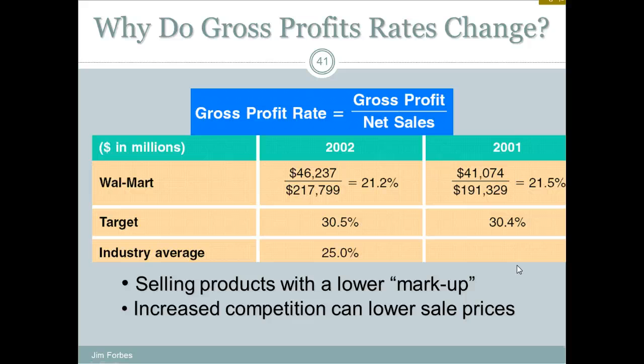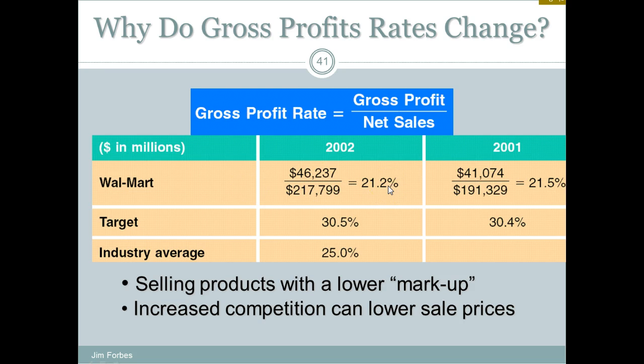Why do gross profits change? Because sometimes companies will sell with a lower markup, maybe to maintain more competitive pricing to the consumers. Increased competition can lower sales prices. So every time you give a discount or a sale, you're lowering your margin. So here we look at the gross profit rate.